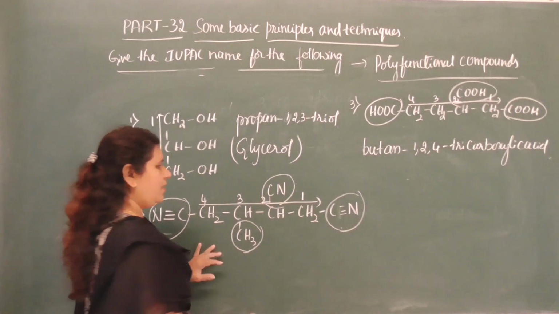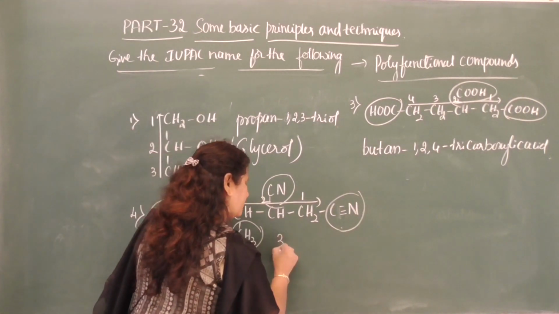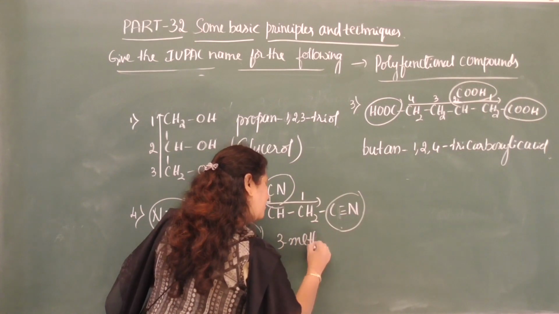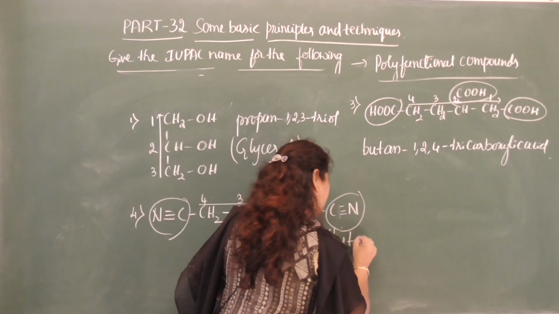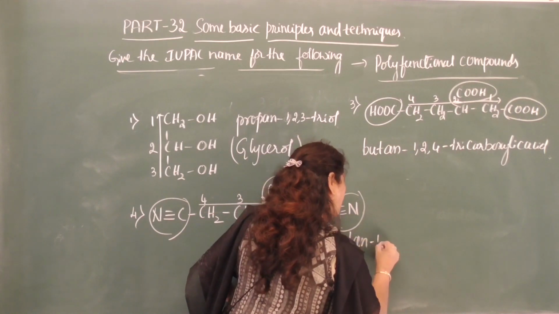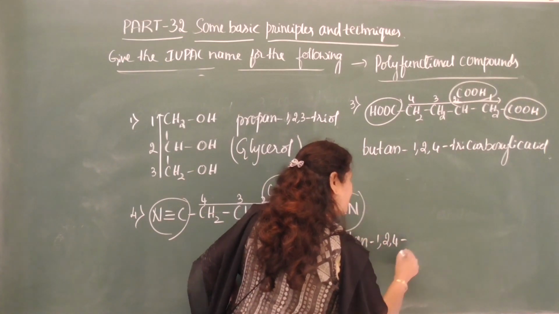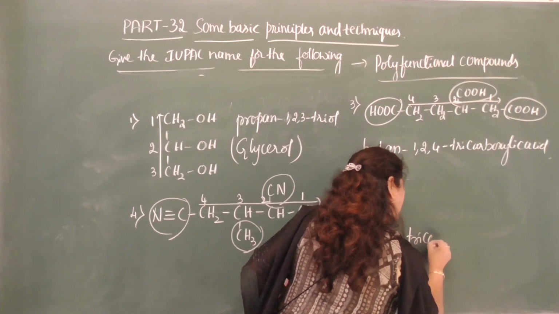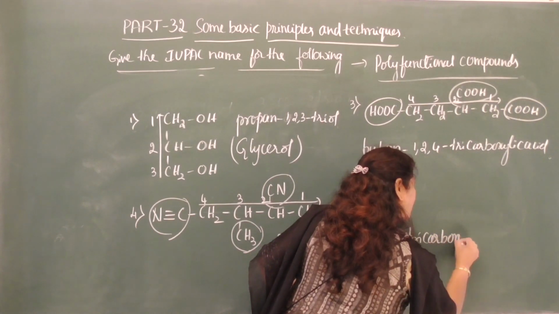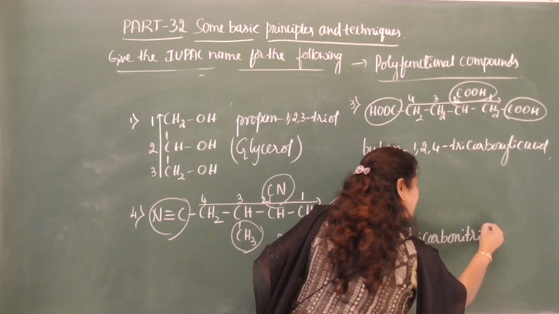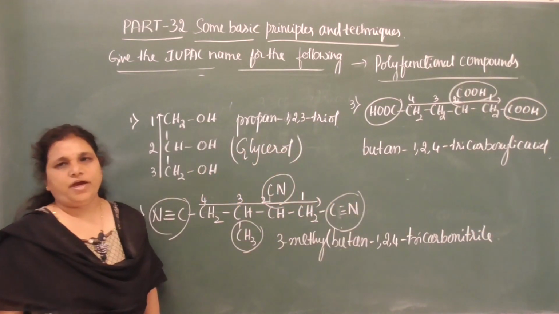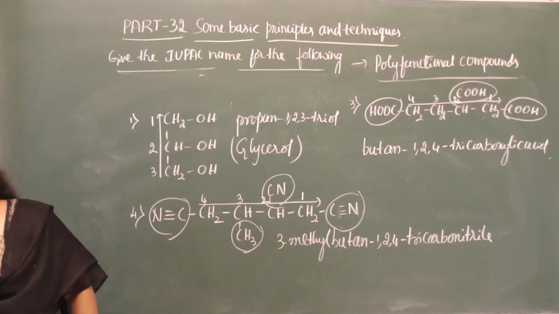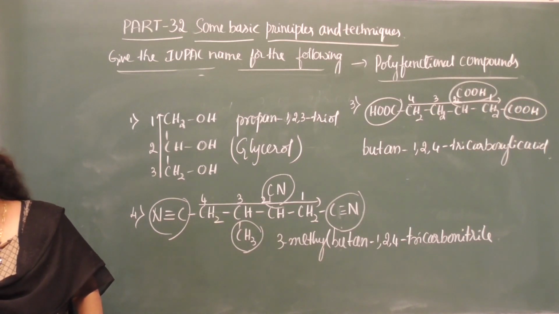Now you give the name: 3-methyl. What is the root word? Butane. 1, 2, 4 tricarbonitrile. 3-methylbutane-1,2,4-tricarbonitrile is the IUPAC name of the compound.